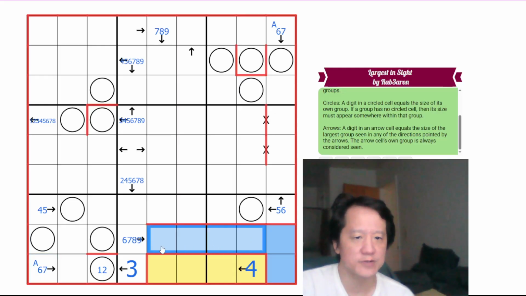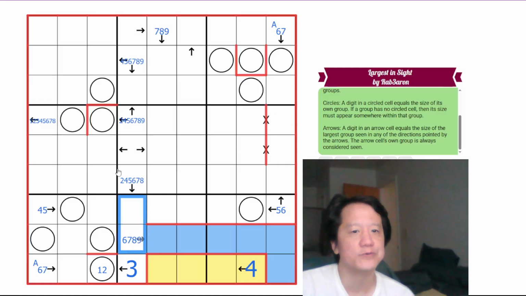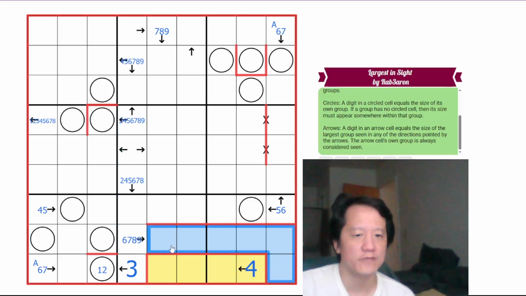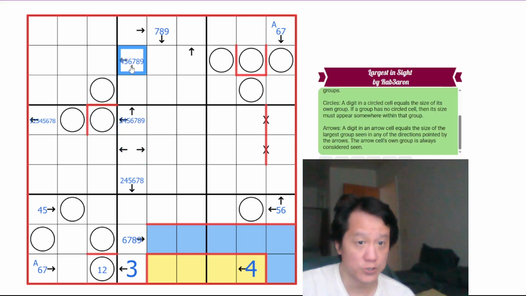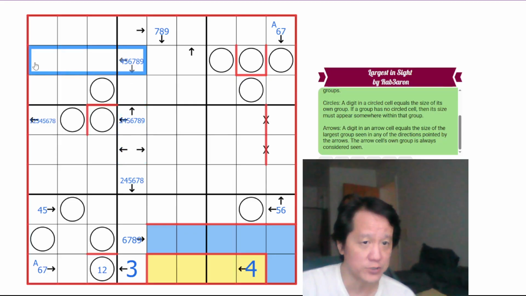You would have to have a 6 here, which would mean that this would see its own region. If this is 7, obviously this would have to see 7 then as its largest group. And then this would have to be larger than that, because it would see the 7 and it would have to see another group that's larger than that.